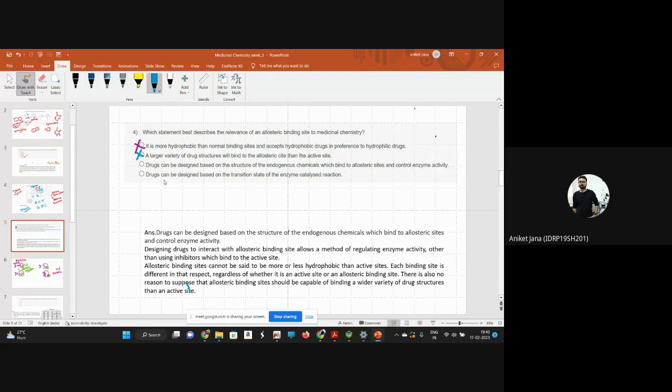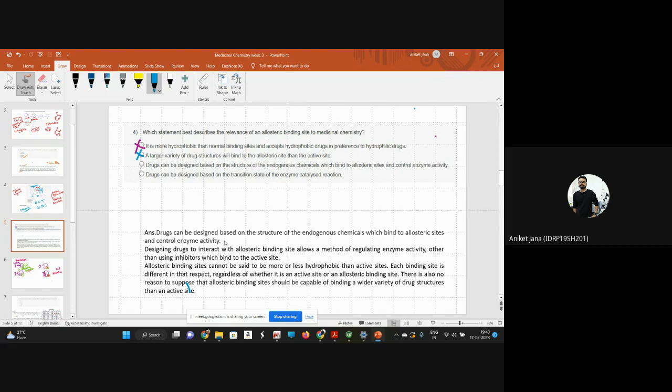Okay, so let's see the last one. Drugs can be designed based on the transition state of the enzyme catalyzed reaction. Is this true or false? Okay, so let's see: drugs can be designed based on the structure of the endogenous chemicals which bind to the allosteric site and control enzyme activity.